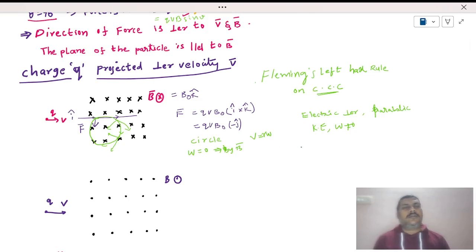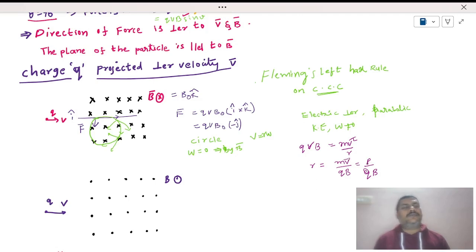Now coming to the concept. The magnetic force acting on the particle by the magnetic field, QVB, is equal to the centripetal force in the circular path with radius R. From this, the radius of the path of the particle in the magnetic field is equal to mv by qB, that is equal to p by qB, where p means momentum of the particle.